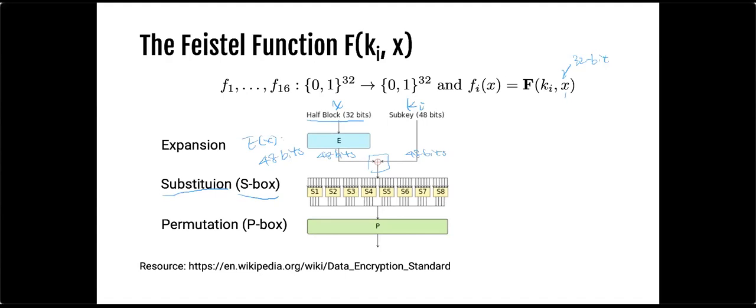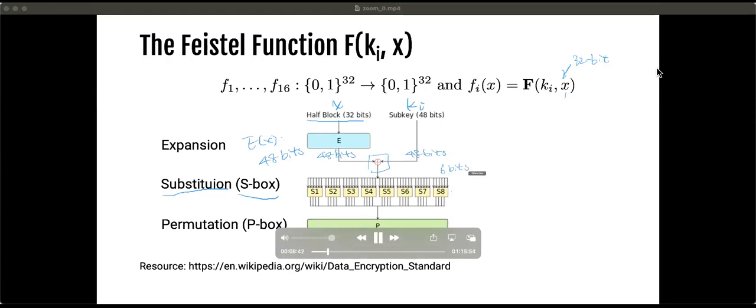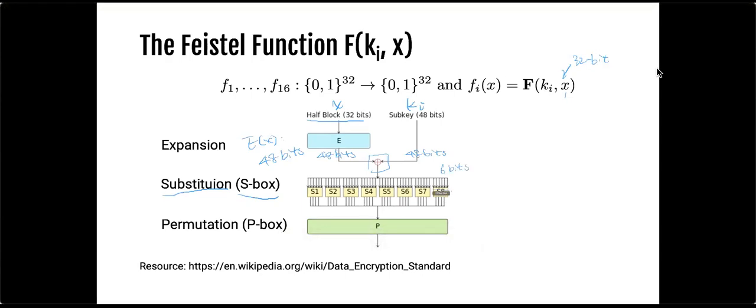And you see here, there are 8 boxes, and each box takes 6 bits as an input. And this is why if you count each box here, you see that we have 6 lines, 6 arrows. So each box takes 6 arrows, and then it will output 4.